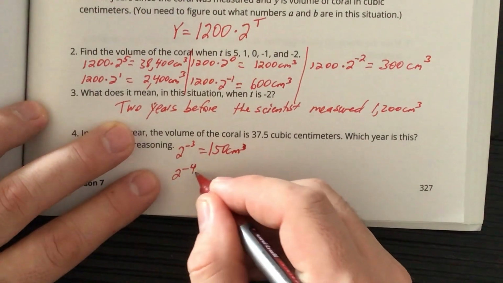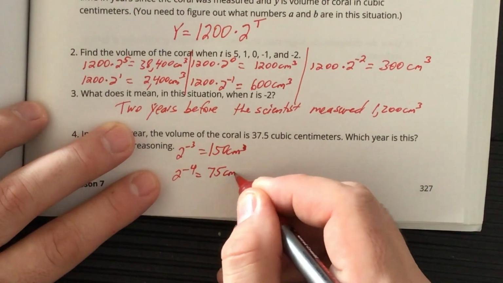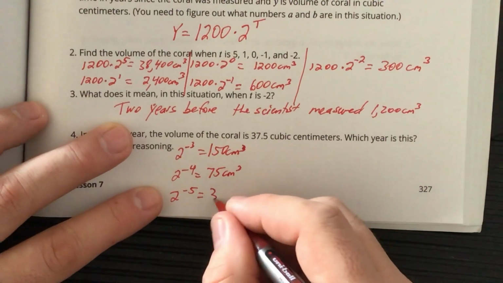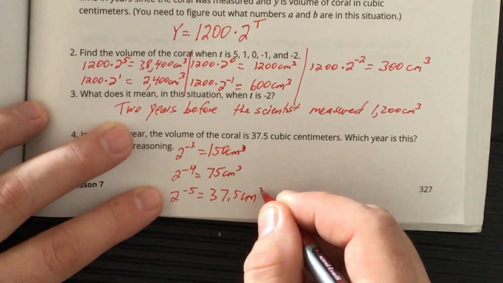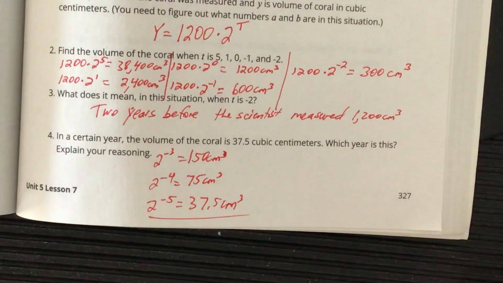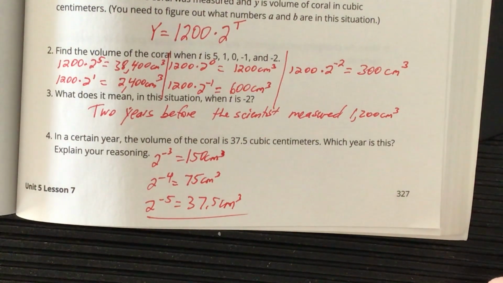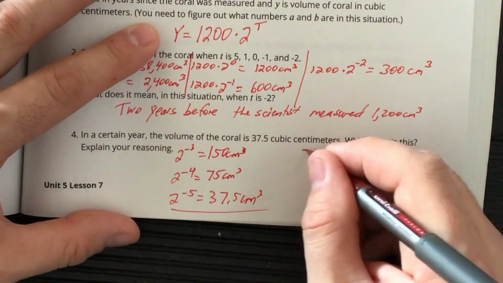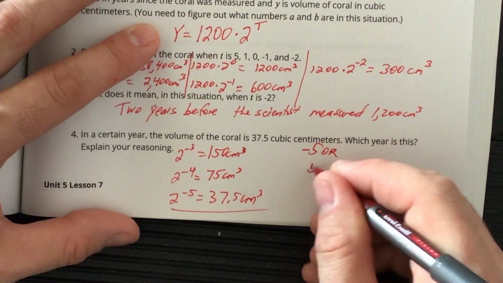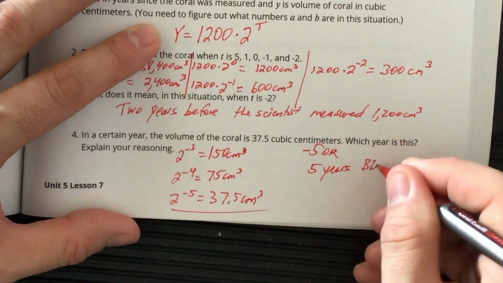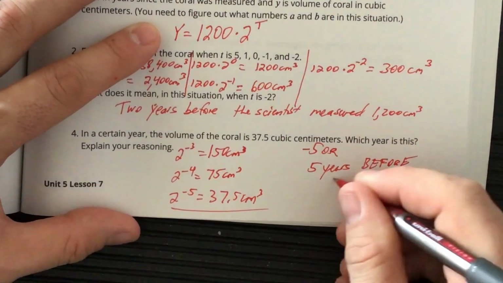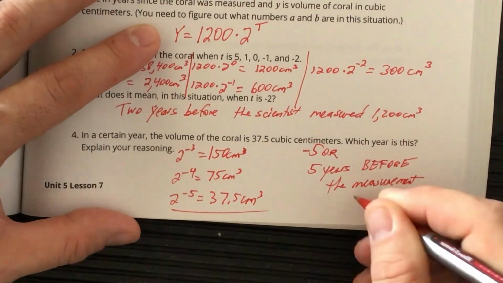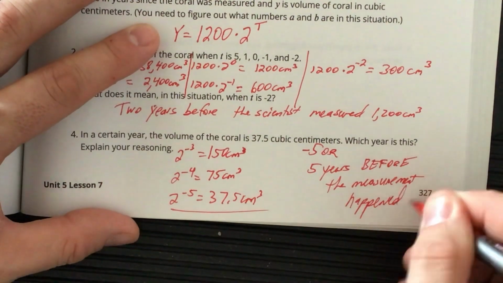If I do it again, it's going to be half of that number. If I do it again, half of that number. And then you have your answer. Which year? Yeah, so negative 5, or probably should say 5 years before the measurement happened. I don't think it gave us a year at all, did it?